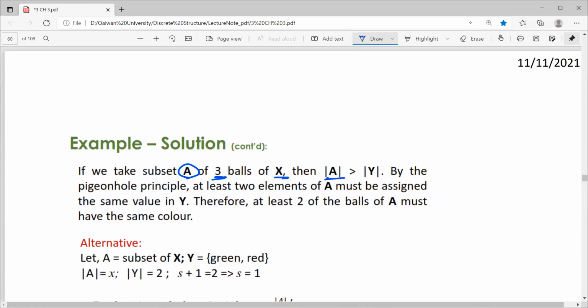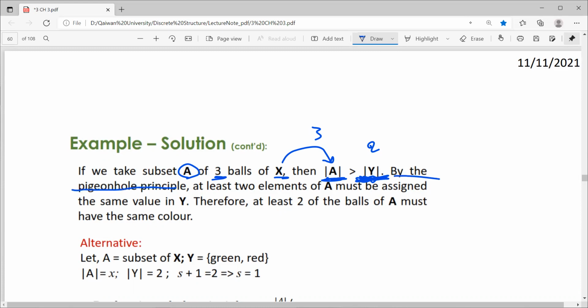Then the cardinality of A is greater than the cardinality of Y. The number of elements in A is 3, because there are 3 balls in it. How about the cardinality of Y? Since we have only green and red, it's 2. That means the cardinality of A, the number of balls in A, is greater than the number of colors in Y.